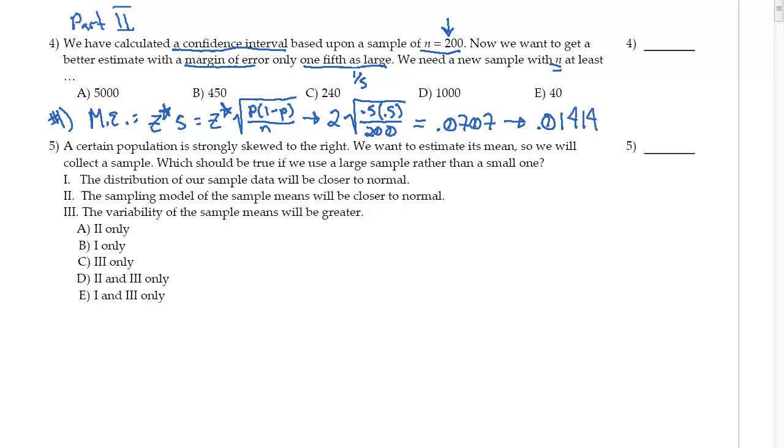Now, if I need a smaller margin of error, what we saw last time is I need a bigger sample. So I'm looking at probably either 1,000 or 5,000 to get down to this small a number. The first one I'm going to put in is the 5,000.